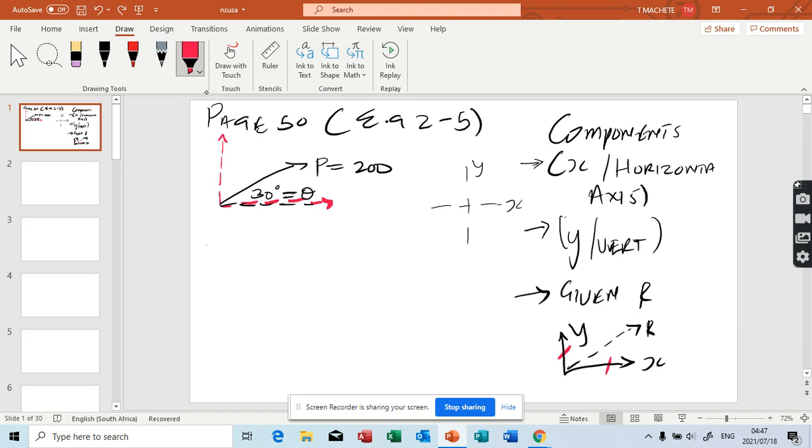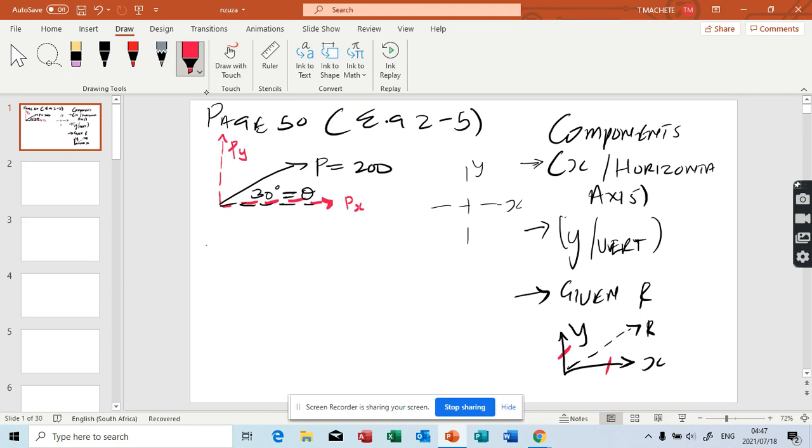Because we are using P, we can say this is our Py, this is our Px. So having said that, since here we are required to find the y and the x axis, here's what you're going to do.